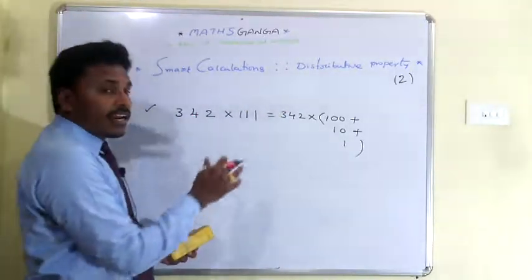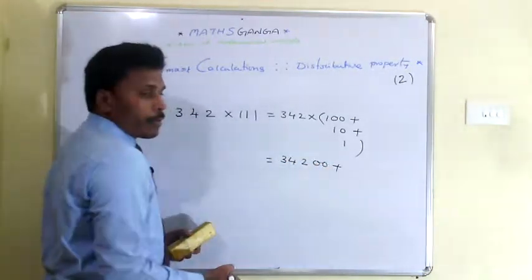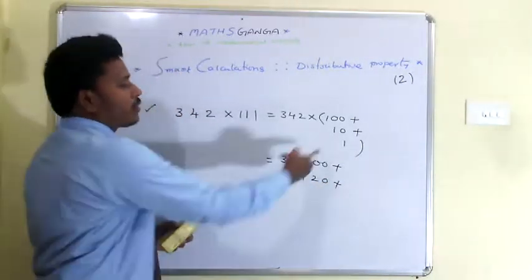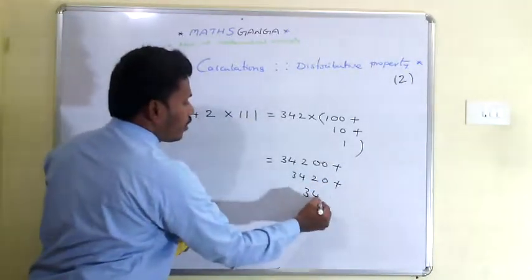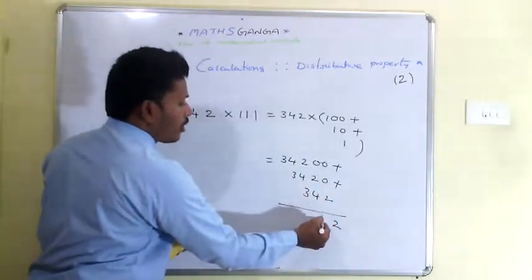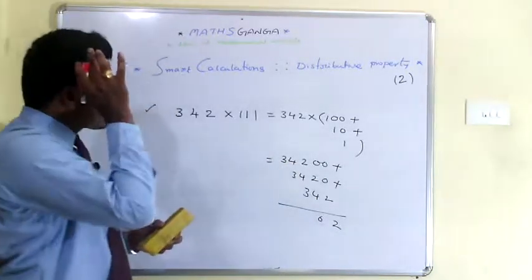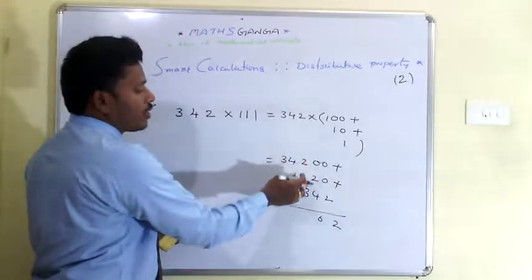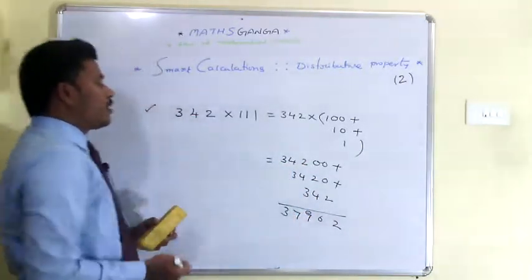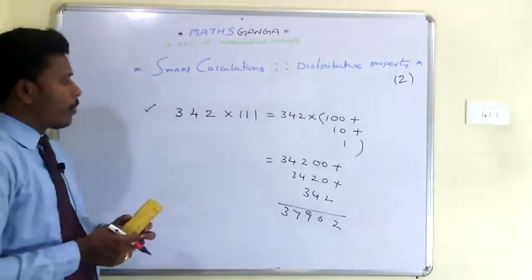Since I am writing it as 100 plus 10 plus 1, what will happen? 342 with two zeros plus 342 into 10, which is 3420, plus 1 into 342, which is 342. So this is 2, and 4 plus 2 is 6, and coming to here, 2 plus 4 plus 3 is 9, and then 3 plus 4 is 7, and this is 3. So our answer is 37962. Okay.